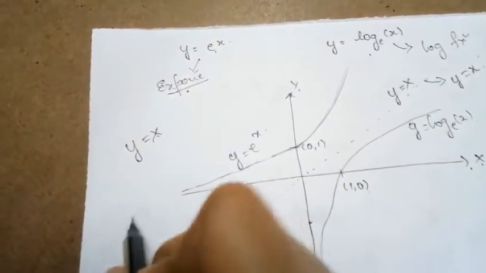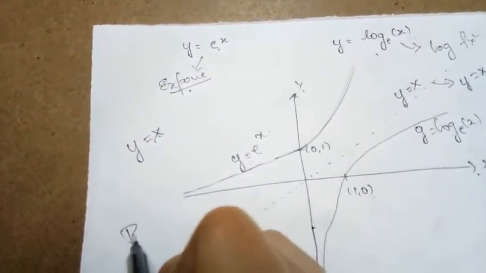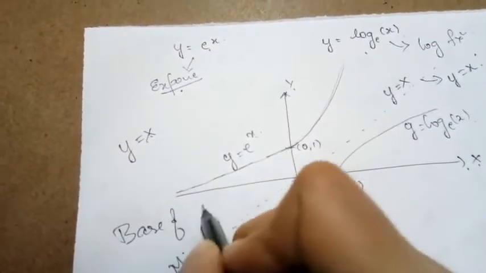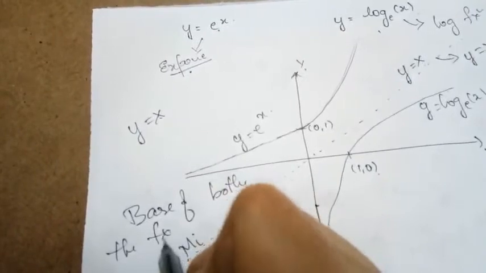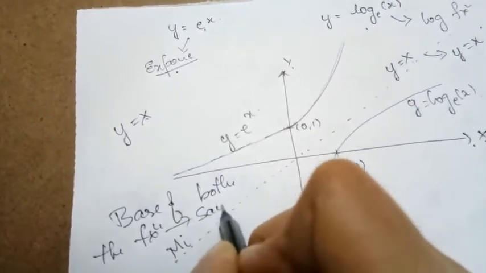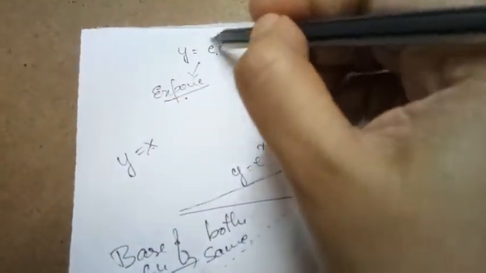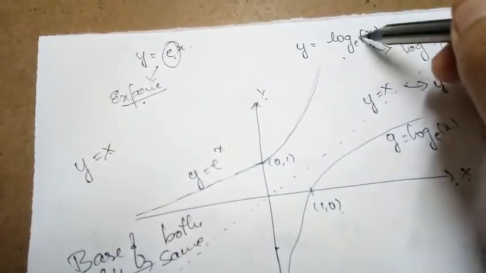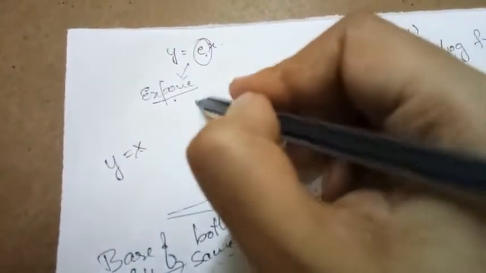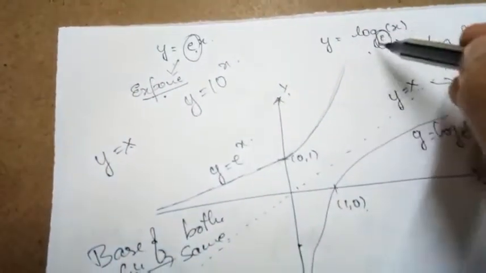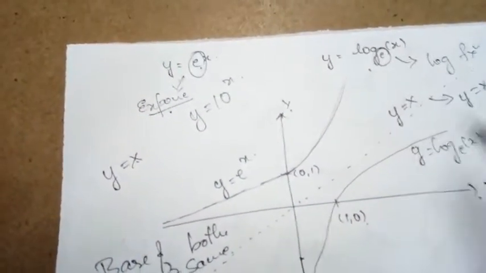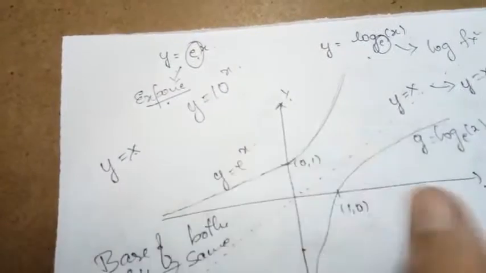But the condition is that the base of both the functions must be the same. Here the base was e, and here also the base was e. Suppose we talk about the exponential y is equal to 10 power x, and here we take y is equal to log e of x, then it is not a mirror image.